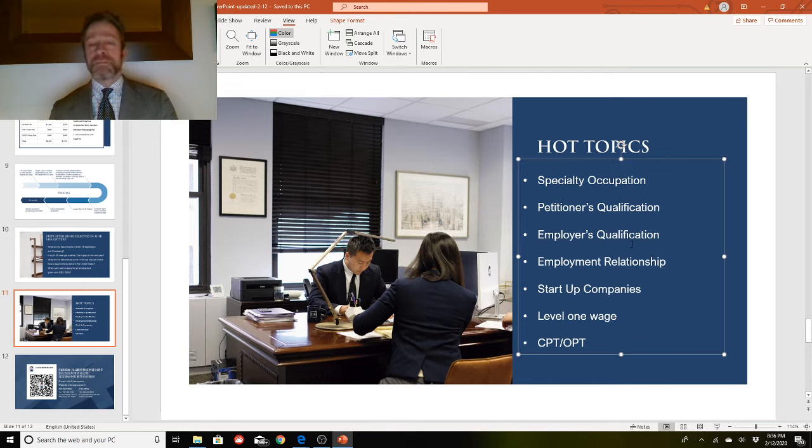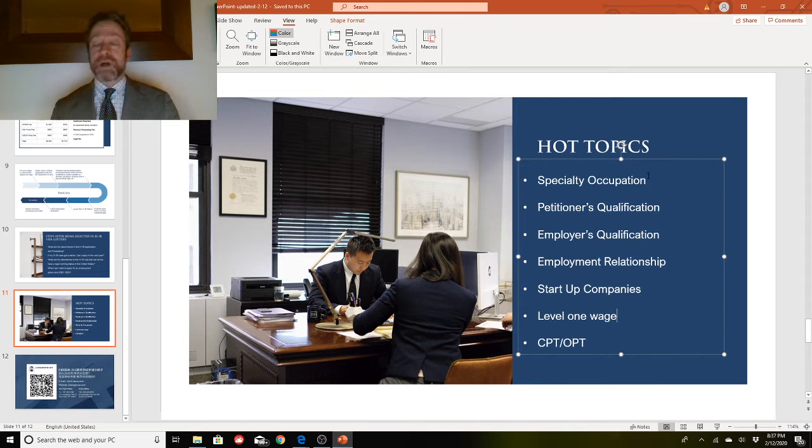But we've been very successful in getting cases approved even if they use the level 1 wage. But often we receive a request for evidence asking us to prove that the job is a specialty occupation. It's a professional occupation that requires at least a bachelor's degree in a specific area, and it's not an unskilled job because the wage level is lower.